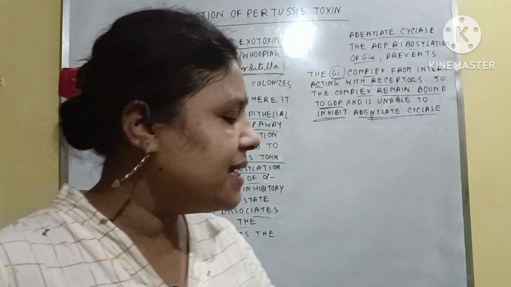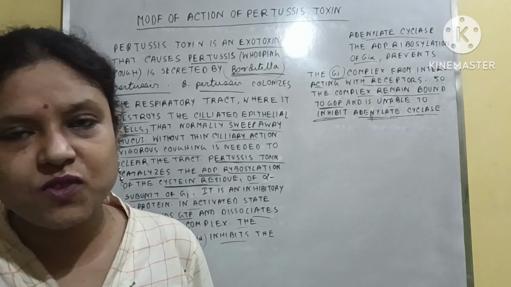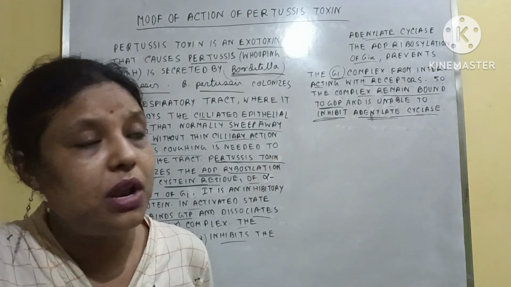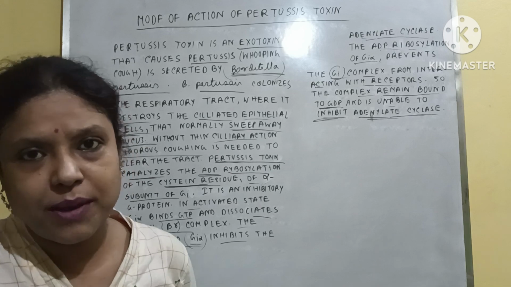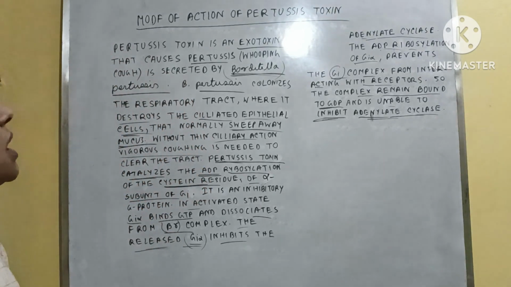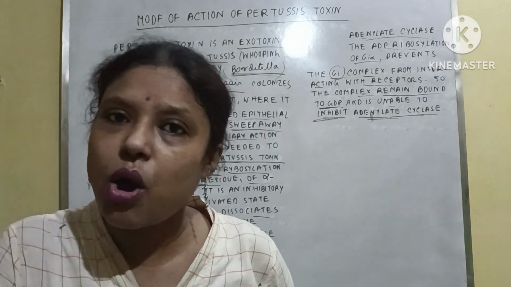So this is one kind of signaling process, where the situation is created just like a signaling process. Here the G protein has an important role in this creation. This is a very short topic about the pertussis toxin, and how the signaling process is occurring here.